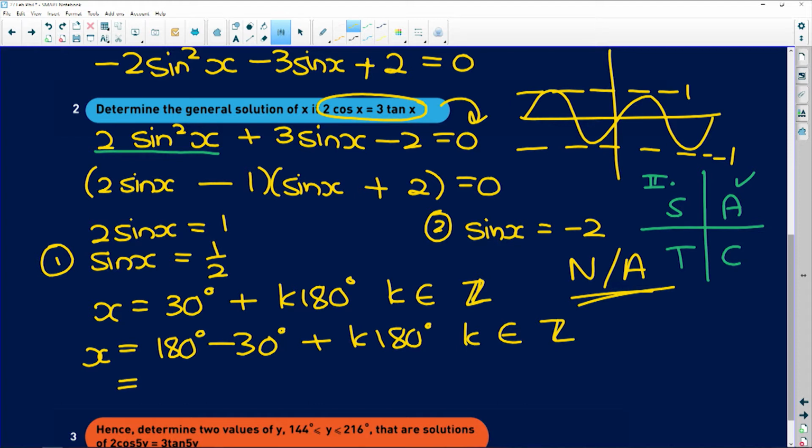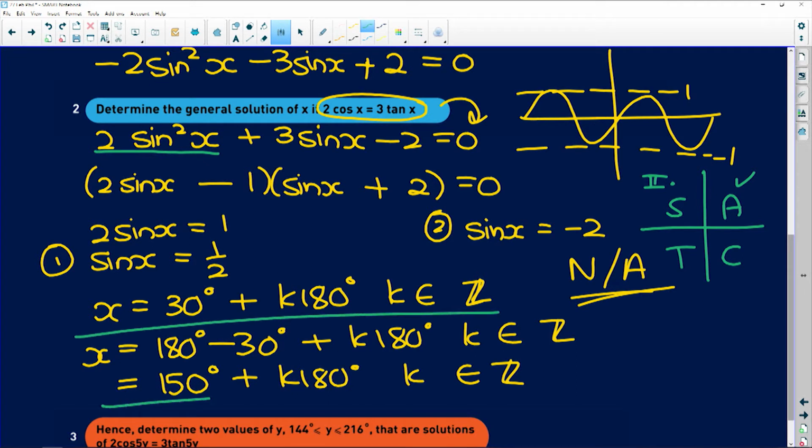Which means that x is equal to 150 degrees plus k180, and k is an element of the integers. So you have to have this line and you have to have that line. There are always two solutions for a sine graph.